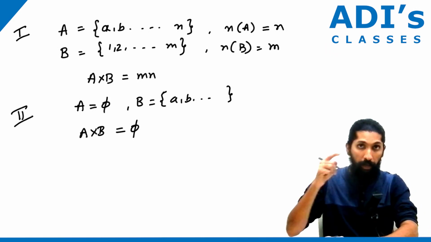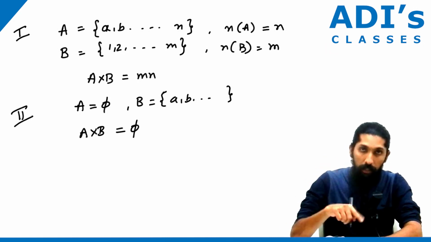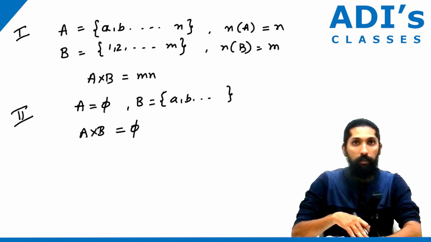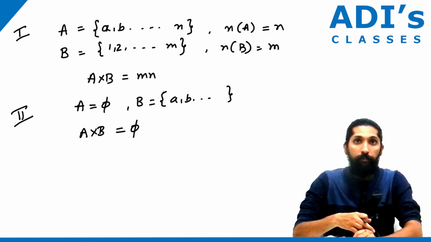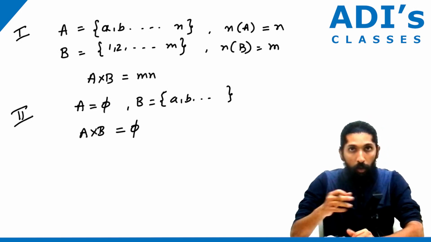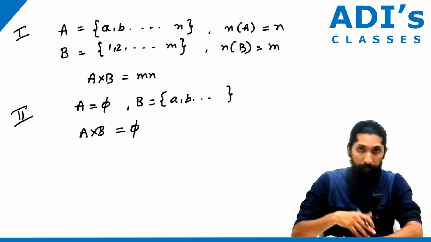That means if A is finite but B is an empty set, still A cross B becomes a null set. So if either A or B is a null set, then the Cartesian product will always be a null set. Okay, this is the second property.